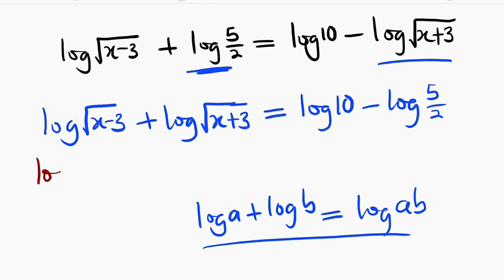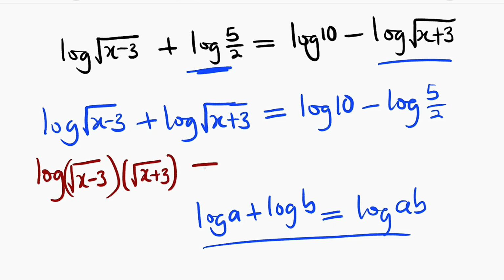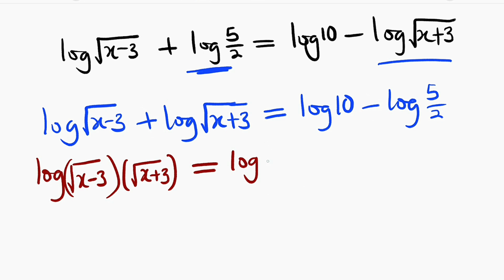This is the same thing as log of the square root of x minus 3 multiplied by the square root of x plus 3. And this is equal to log of 10 minus log of 5 divided by 2. If you have subtraction, you divide. If it is addition, you multiply. So we have log of 10 divided by 5 over 2.